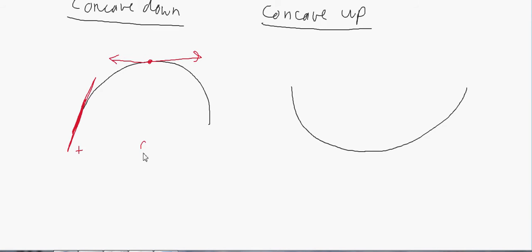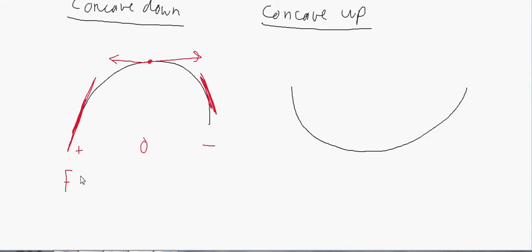So it goes from positive to 0 to a negative number that's more negative. Essentially, what's happening here is the slope is decreasing. The slope is going from positive to 0 to negative. That's exactly what's happening.